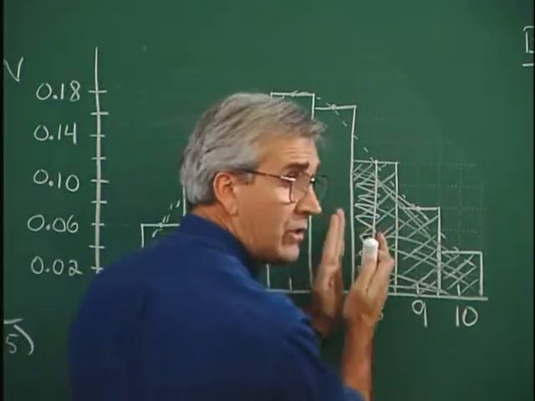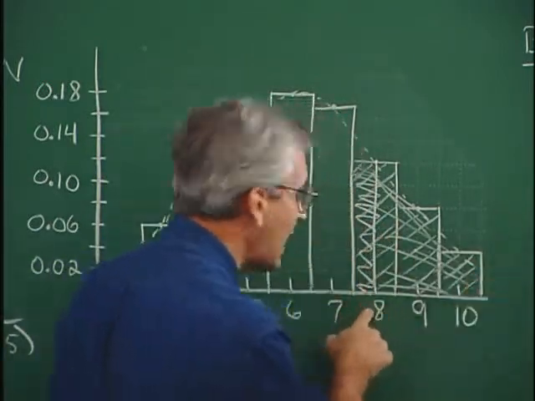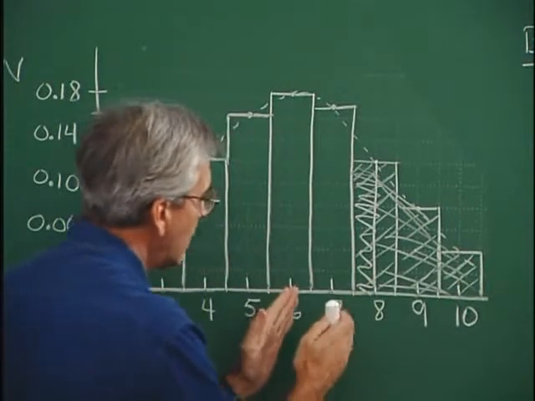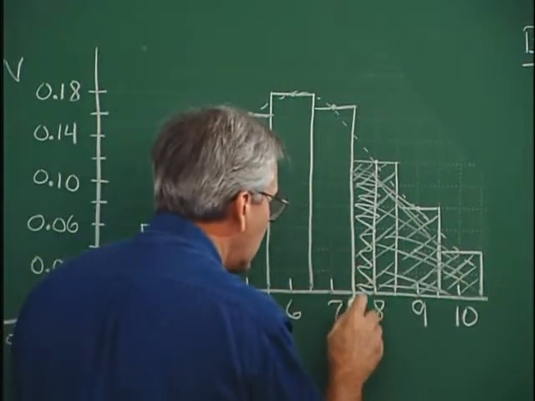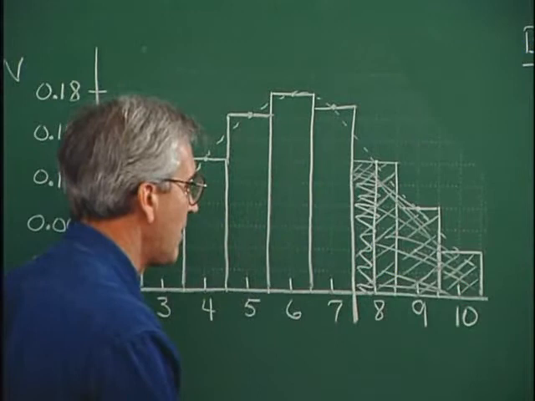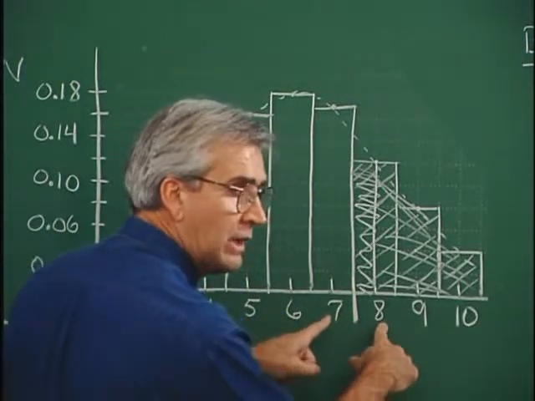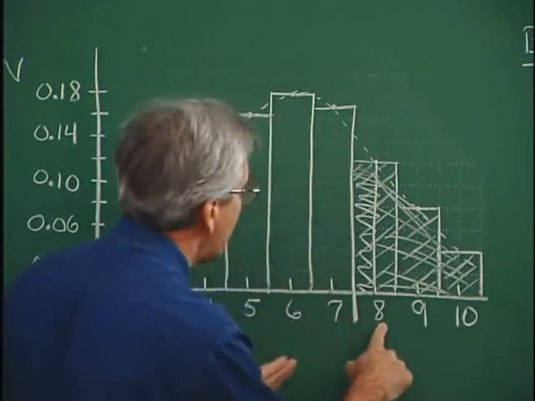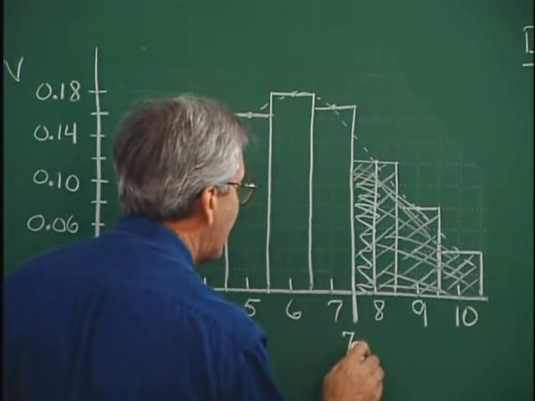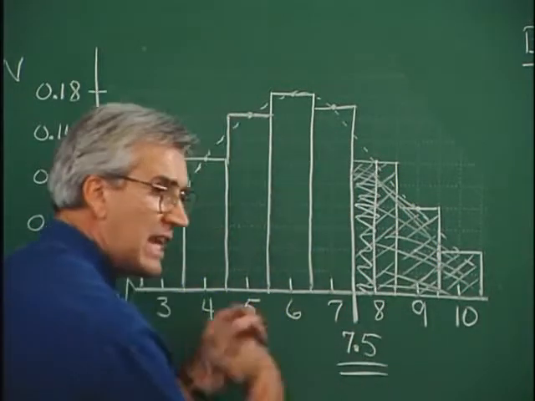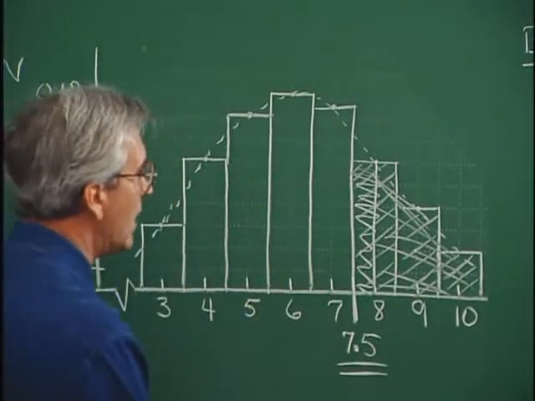I want the whole histogram if I'm going out here to the right of 8. So I want to take the shoulder of this histogram. I want to go between the one before and the one that I want to be involved in, and so I want to use 7.5. And that's the only trick. That's the hitch in this whole get-along.